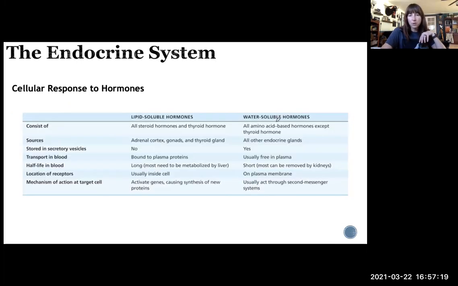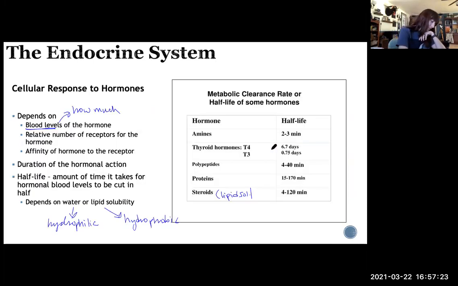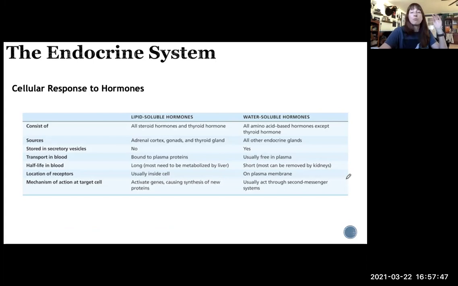Your water soluble hormones are going to be your amino hormones. And that's just an example of water soluble hormones having a much shorter half-life than your lipid soluble hormones. Lipid soluble hormones have a longer half-life. They aren't broken down as quickly, basically, right? Or they aren't cleared from the blood as quickly.